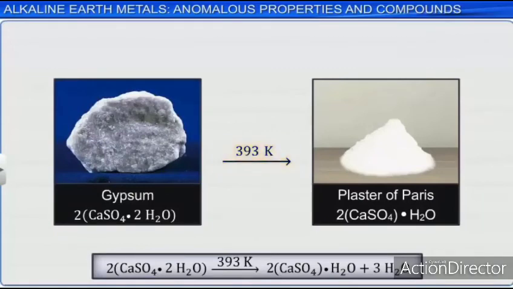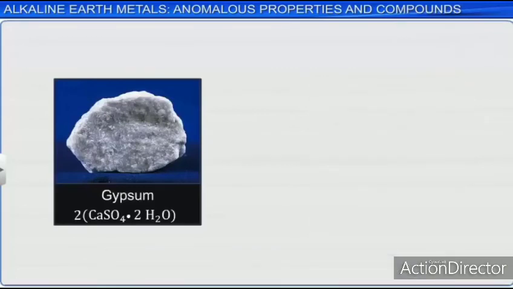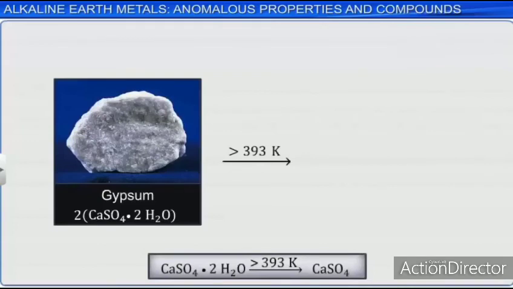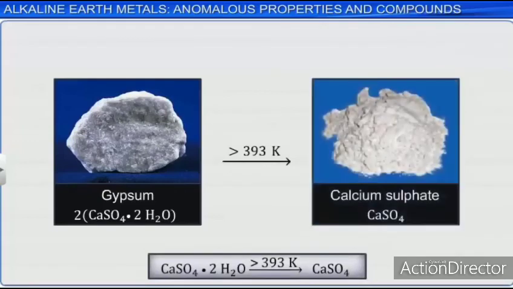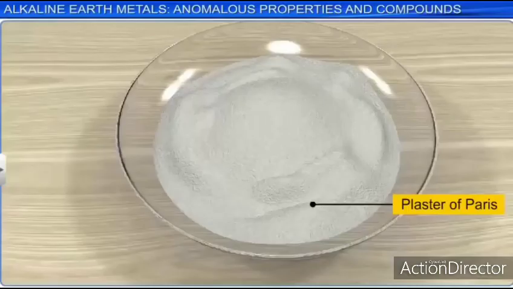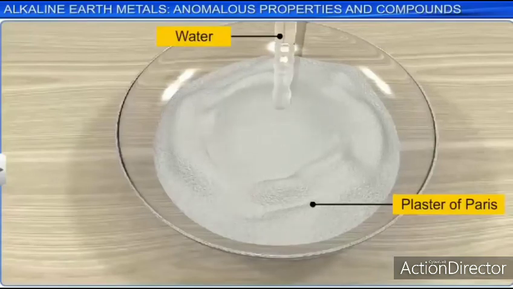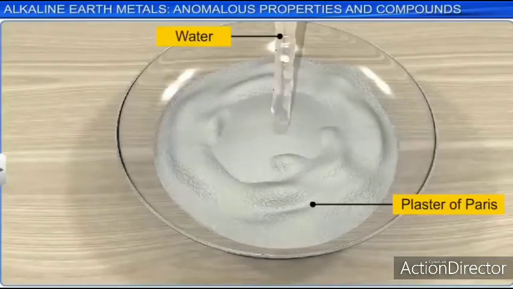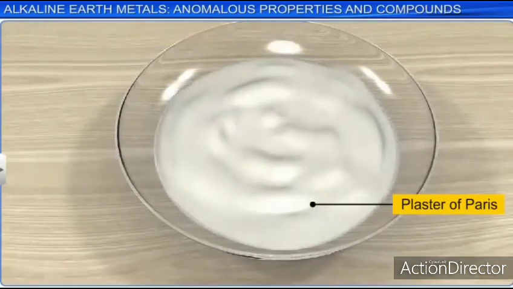If gypsum is heated above 393 Kelvin, anhydrous calcium sulfate or dead burnt plaster will be the product. When water is added to plaster of Paris, it forms a plastic, malleable mass that hardens in 5 to 15 minutes.